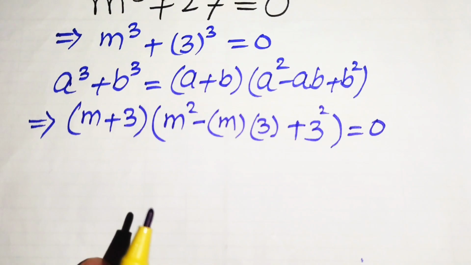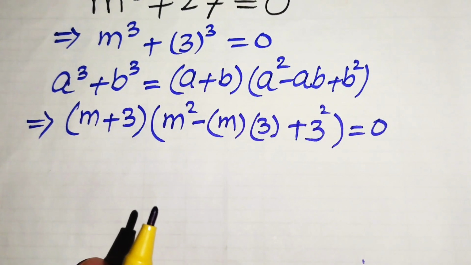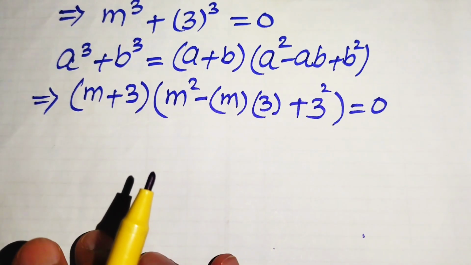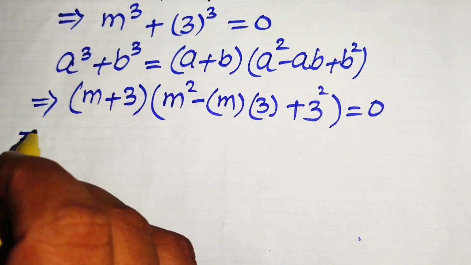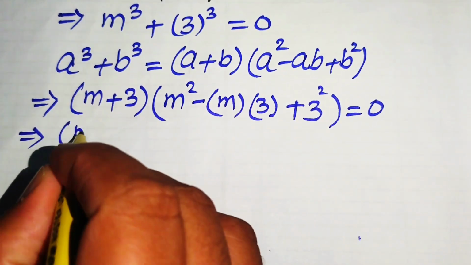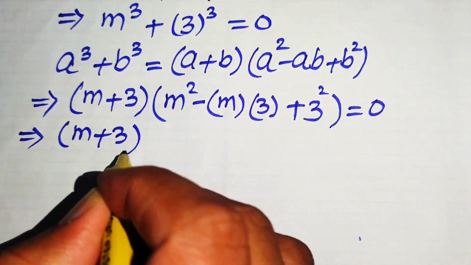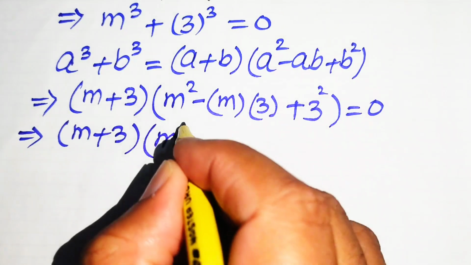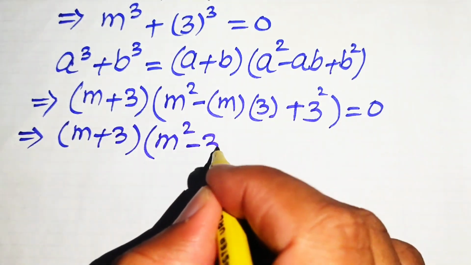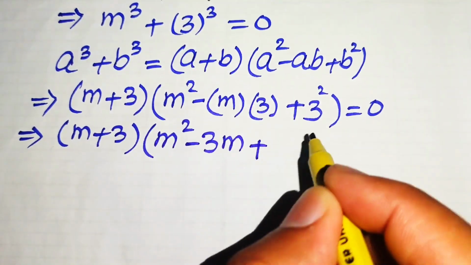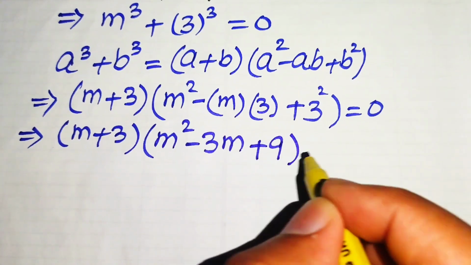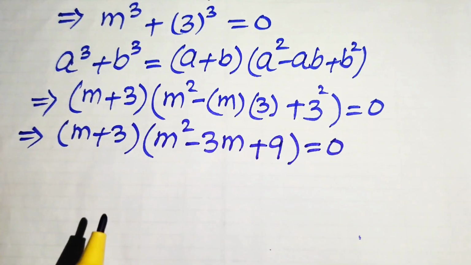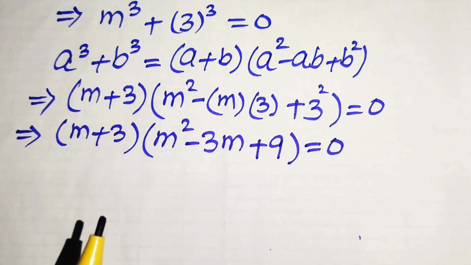Now we need a little bit of simplification here. So we again rewrite this equation as m plus 3 times m square minus 3m plus 3 square equals 9, and this whole equation equals 0.